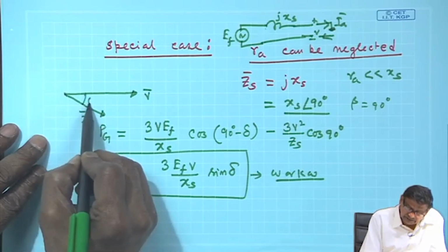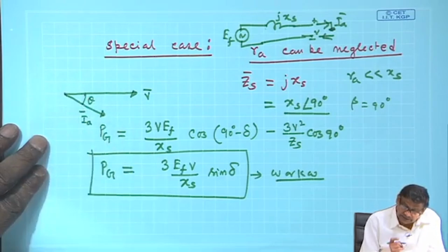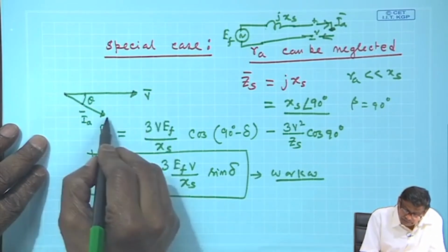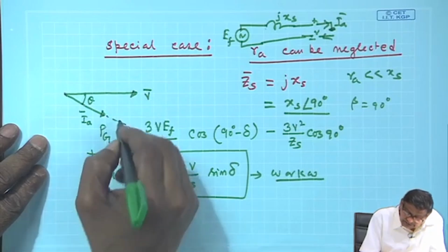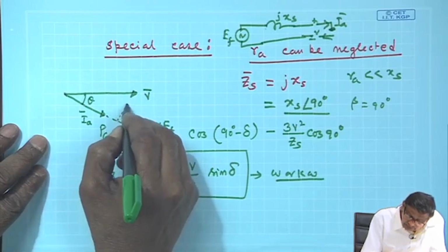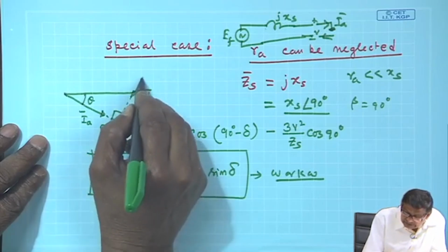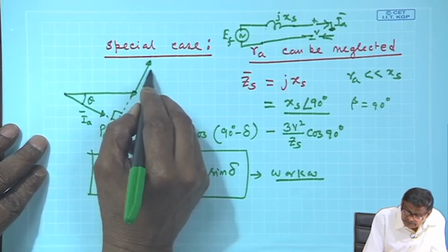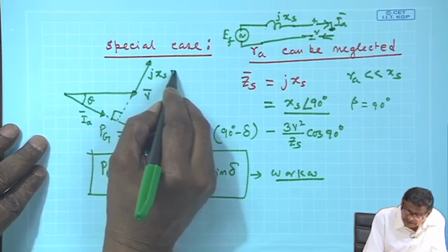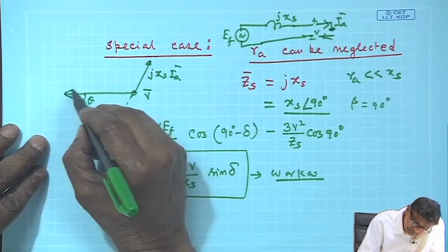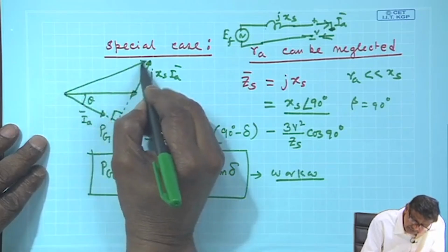The load power factor is suppose theta, IA at angle theta. Then to V, no IA RA, only IA jXS you have to add. So drop a perpendicular here, extend this, jXS into IA will be here at 90 degree, and here is your EF.